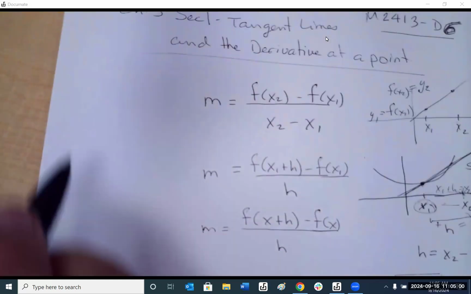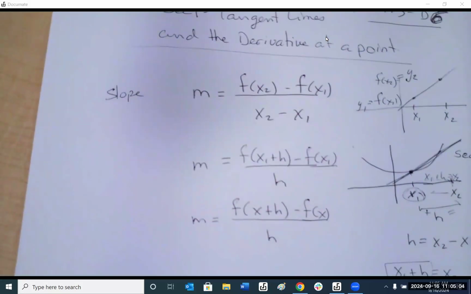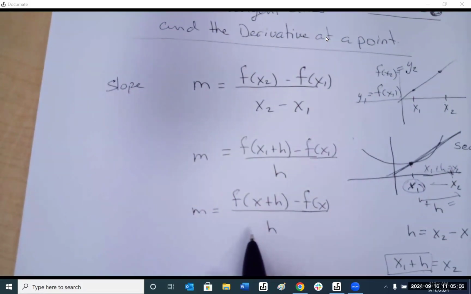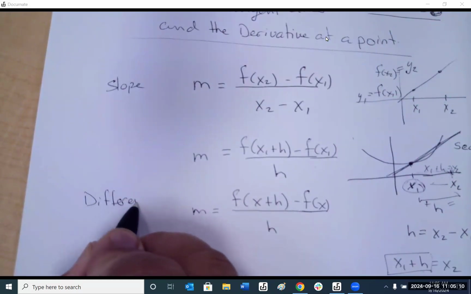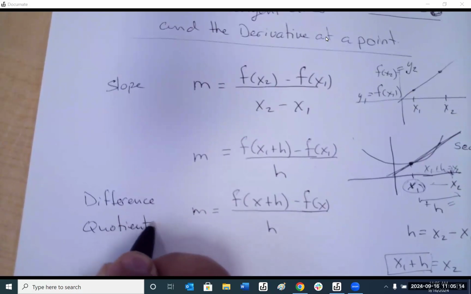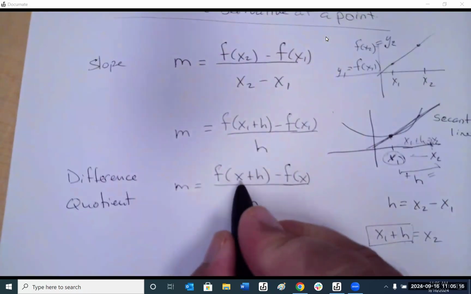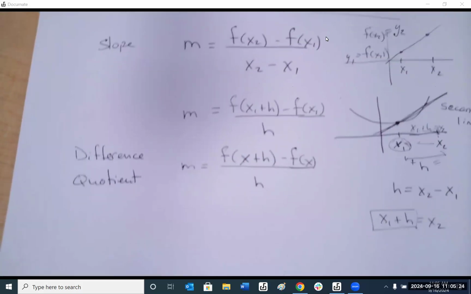So from the slope, which we need 2 points, we now define something called the difference quotient, where we're looking for the slope at 1 point only.